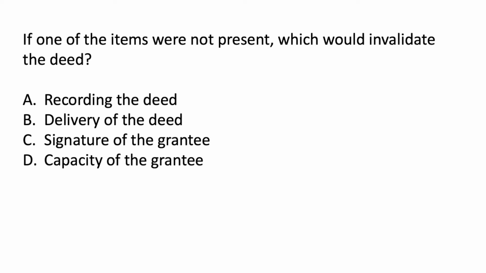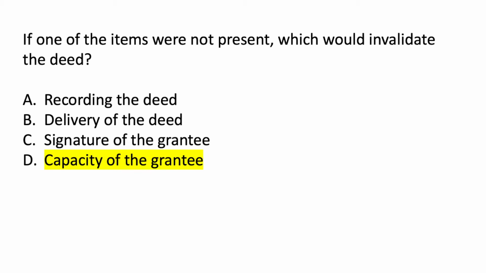Well, the correct answer is the capacity of the grantee. Well, you do need recording, you do need the delivery of a deed, remember, and you do need the signature of the grantee.